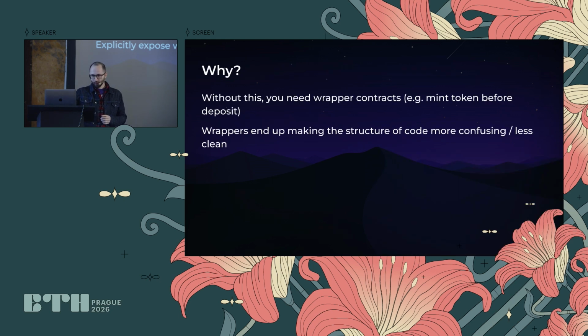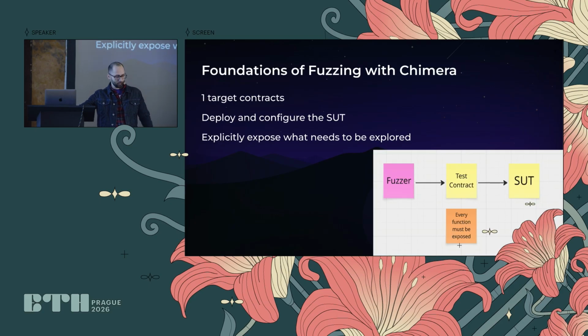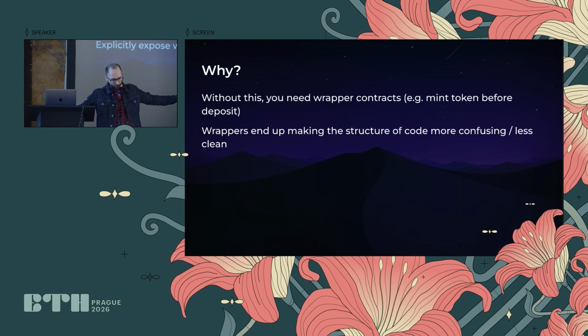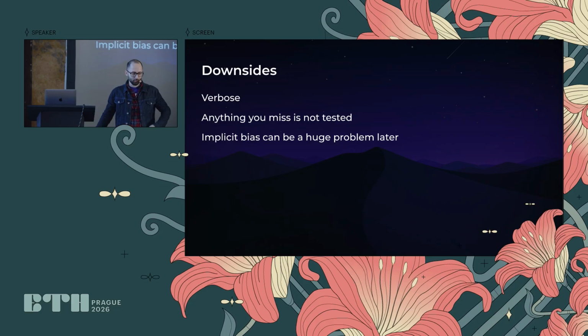The reason is that if you don't do this, say you want to test a Uniswap pool, actually the most common invariant testing example is by Horsefacts, and he uses WETH. Horsefacts was forced to mint tokens and deposit, or create macros, in order to write his tests. And that's a pretty complicated approach. So to simplify things, we just deploy a test contract, deploy everything else, and then we expose every function that allows us to interact with the system.